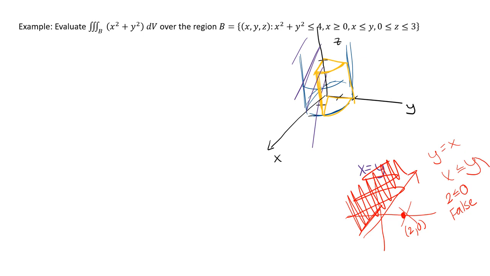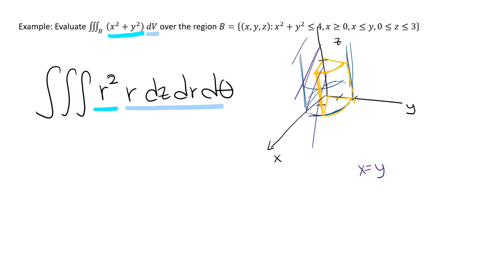But we're looking at things inside that cylinder. And then I tried to draw it from z equals 0 to z equals 3. So our object starts at z equals 0, stops at z equals 3. So the shape I'm dealing with is what I've tried to draw in yellow.